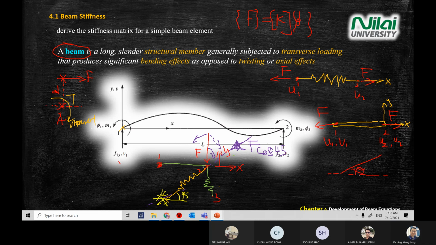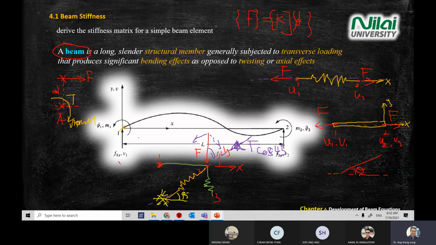If you analyze a spring or bar at 45 degrees, you need to be careful on the direction of the forces. What is important is that the force acting on the body is along the axial direction of the body.